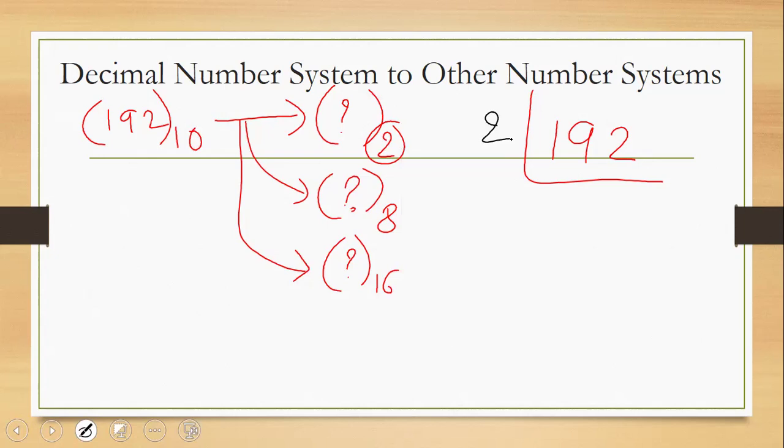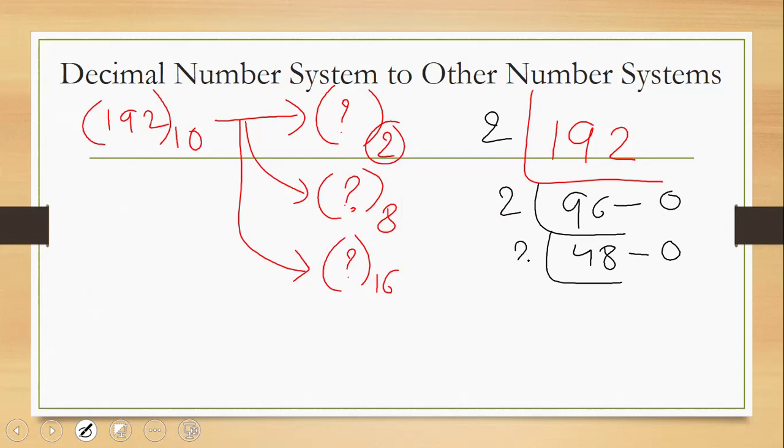So dividing by 2, it will be 96, remainder 0. The next is again divide by 2, then you will get 48, remainder 0. Divide by 2 again, 24, remainder 0.